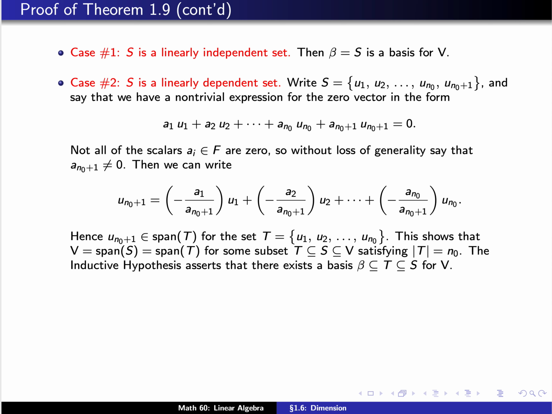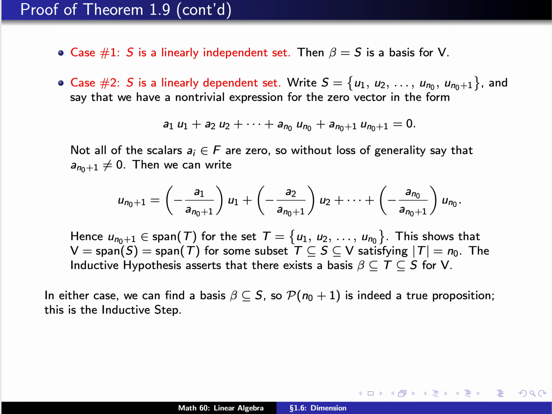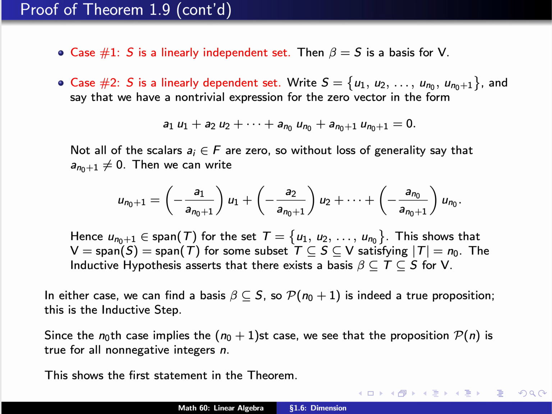According to the inductive hypothesis, there now exists a basis beta for V contained in T, but of course T is contained in S. So this actually shows that proposition P n0 plus 1 is true, and hence the first part of the theorem must be true.